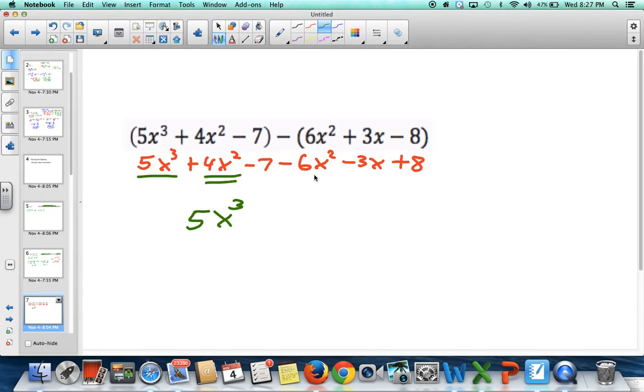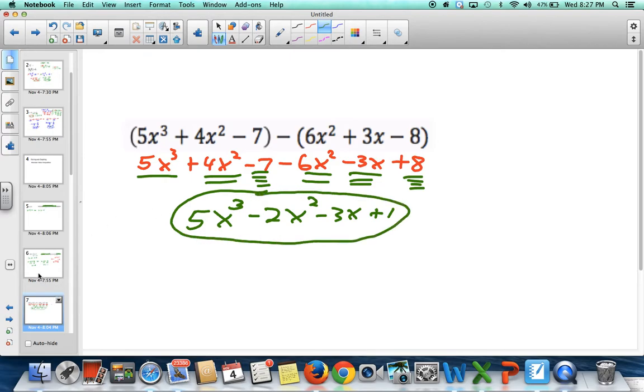So there's one here and there's one here. 4 minus 6 is negative 2, so negative 2x to the second. The next we have our x's, and there's only one of them, actually. Minus 3x. And then the last one is negative 7 plus 8, which is plus 1. So that's the final answer to that problem.